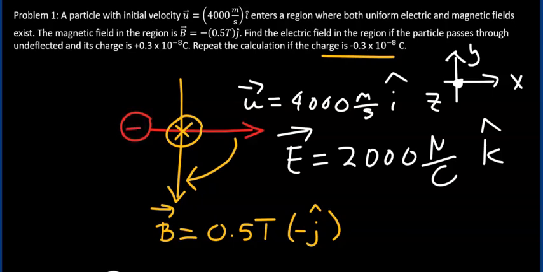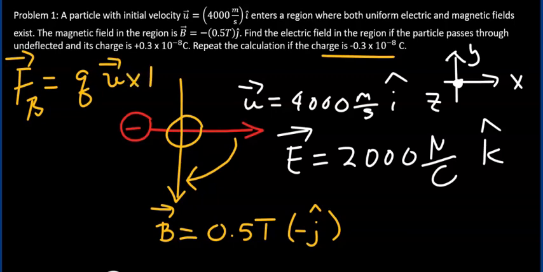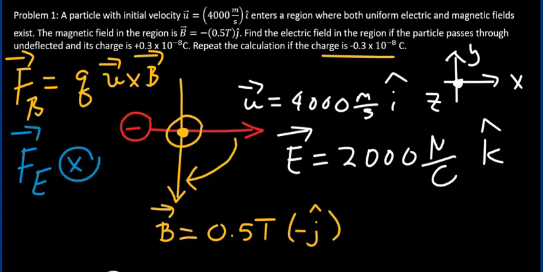What happens if the charge is now a negative charge? So you have a negative charge moving in the same exact magnetic field. Now, since the charge is negative, the magnetic force, which is given by this equation, will now point out of the board as represented by this dot, because now Q is negative, so it should be opposite to the case with a positive charge. So what that means, the electric force should be going into the plane, and we know the electric force is given by Q times electric field.